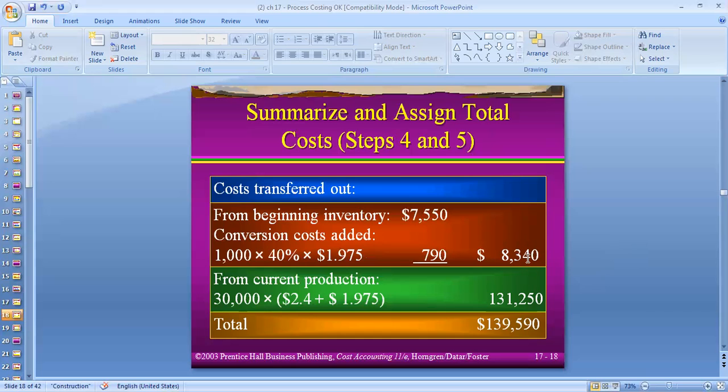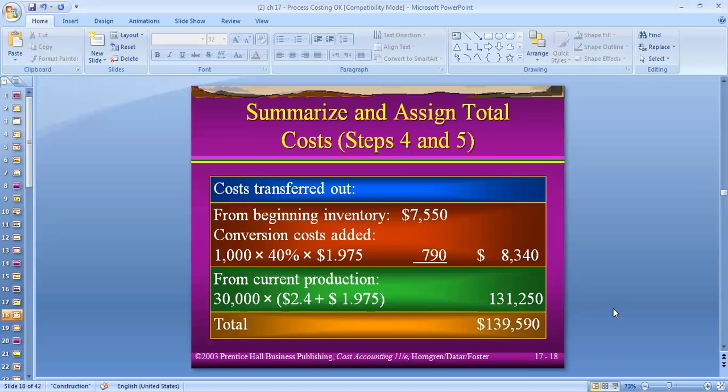We will not transfer only 1,000 units, we will transfer 31,000. So this is the cost of the 1,000 after completing it. Then I have 30,000 times the material cost plus conversion cost, 131,250. The total is 139,590. Till now, we completed the 31,000 that we will transfer to the next process, the 1,000 beginning and the 30,000 from the new units.